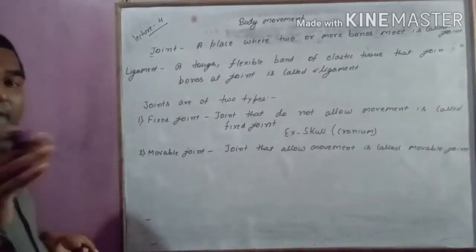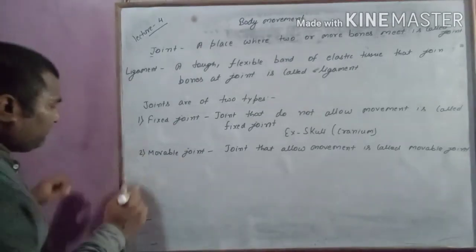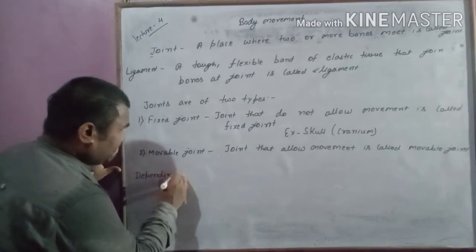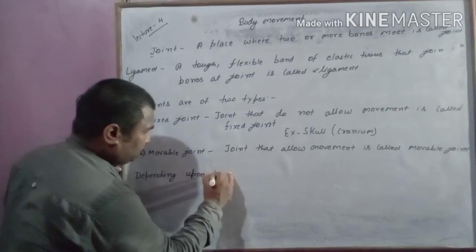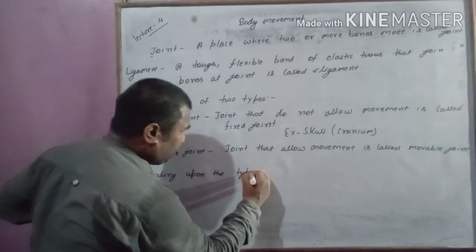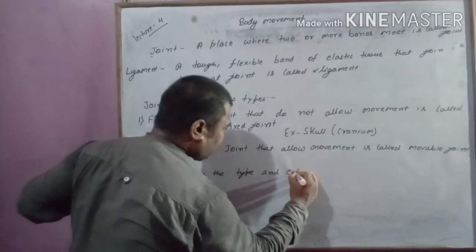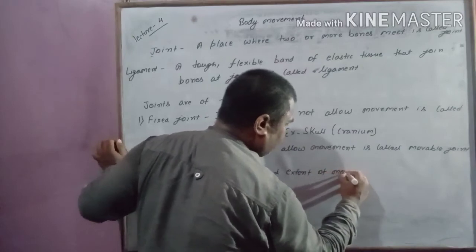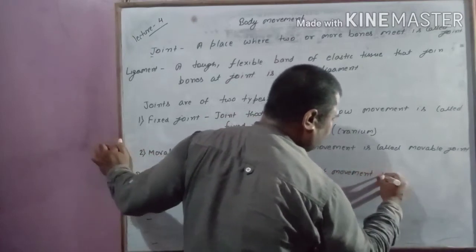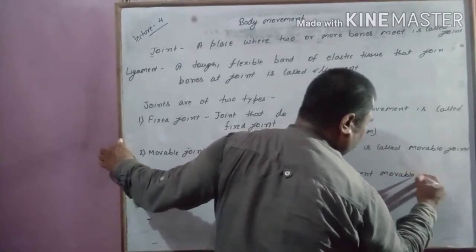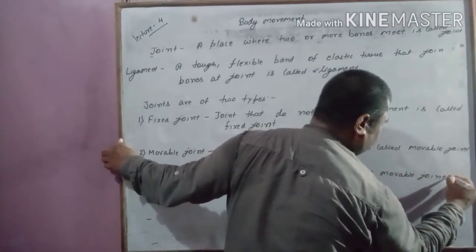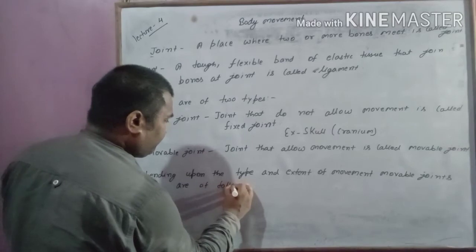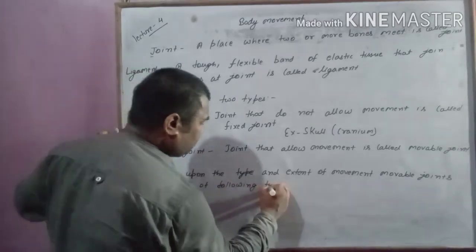Depending upon the type and the extent of movement, movable joints are of the following types.